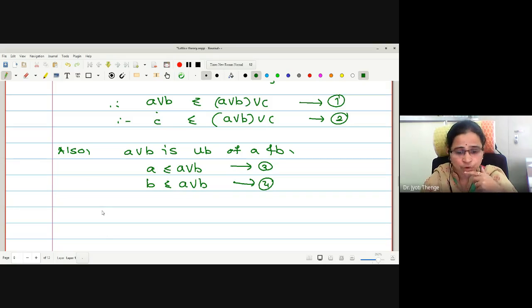Now, using these relations, just look at 3 and 1. A precedes A join B. A join B precedes this.